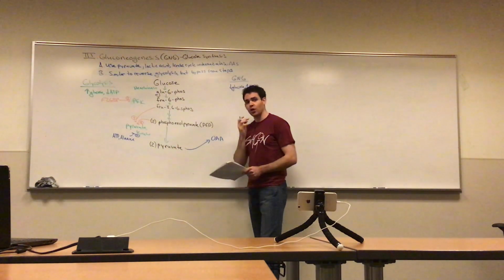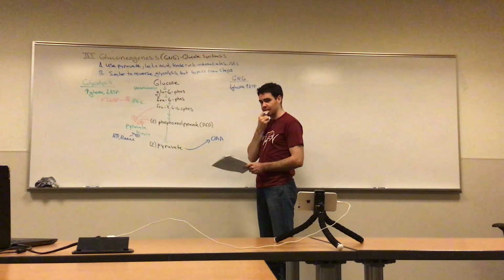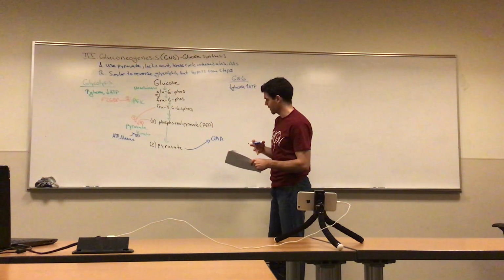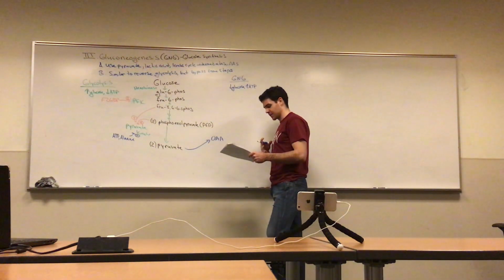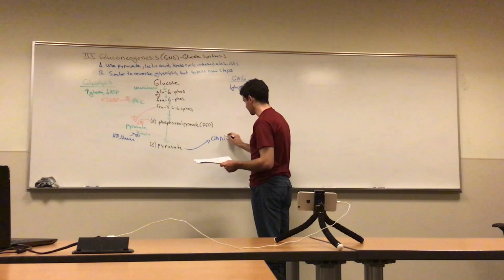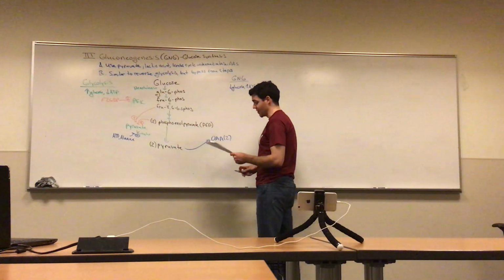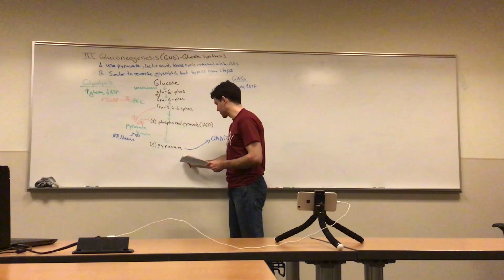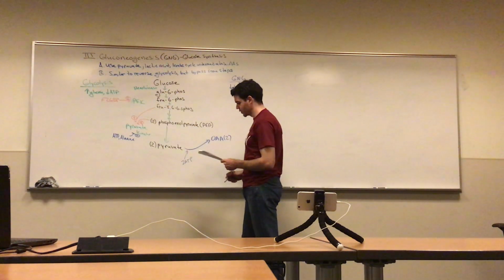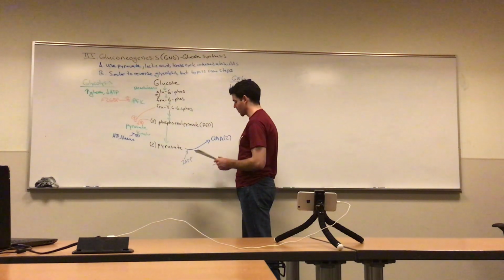This is that 4-carbon thing that combined with acetyl-CoA to make the 6-carbon citrate. Remember we have 2, so we get 2 of these. And this process takes 2 ATP and we use the enzyme pyruvate carboxylase.